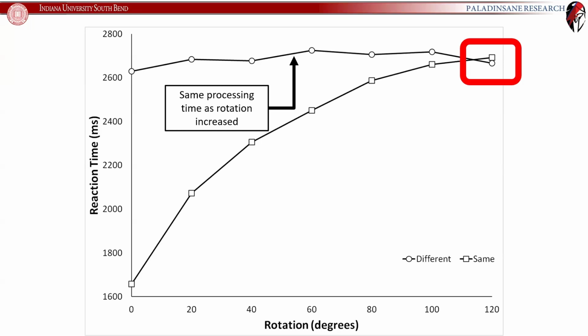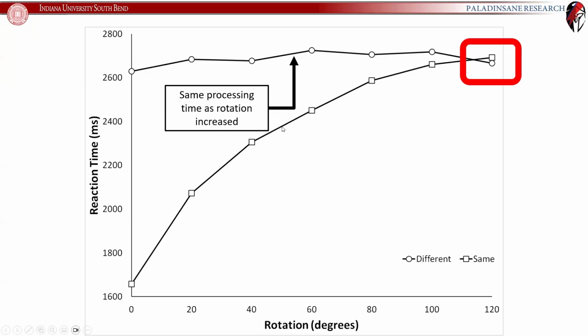Interestingly, for your example, if you quit at 90 and you see the same pattern here, what that means is that you would have quit on your different trials right around there, which is about 2,500 milliseconds.